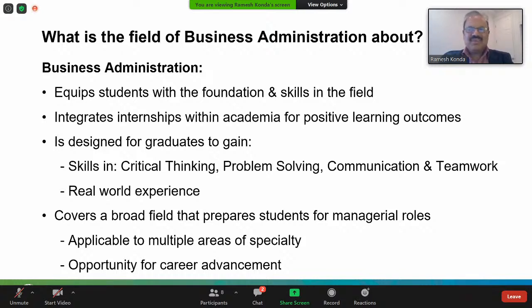You will hear that, if not number one, then in the top five, is communication, teamwork, and critical thinking. We are addressing these. Obviously, we may not solve 100%, but at least in business administration, we try to emphasize the importance of critical thinking, problem solving, communication, and teamwork. That is the broad perspective of the business administration program.